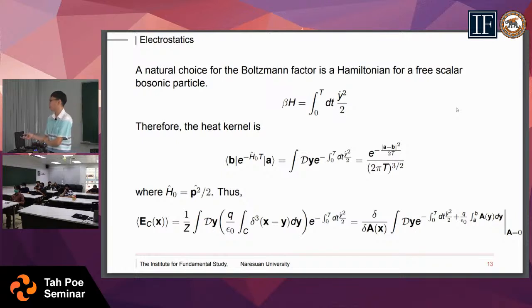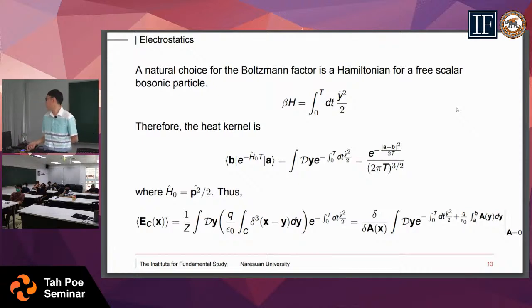So we can turn this problem into a functional integral, where I introduce another source term A here. You can see easily that by functional integral over A you get the Dirac delta function, putting A equal to 0 at the end. This is basically the generating functional.